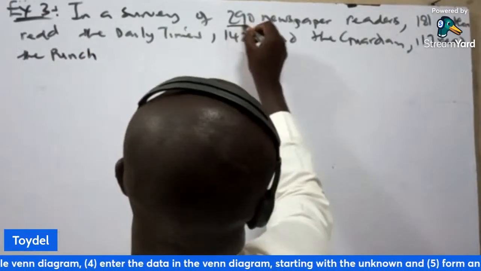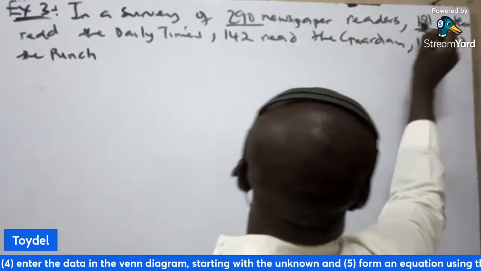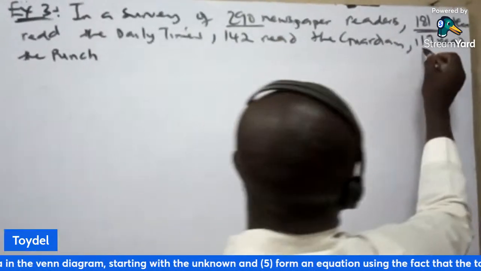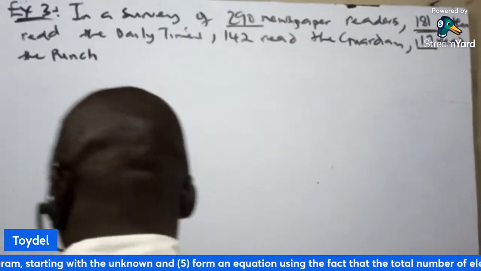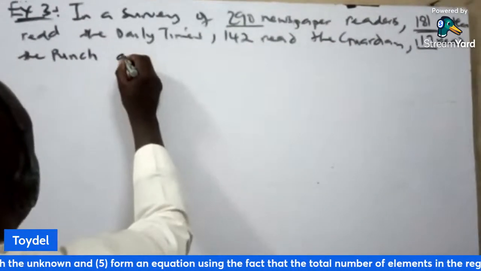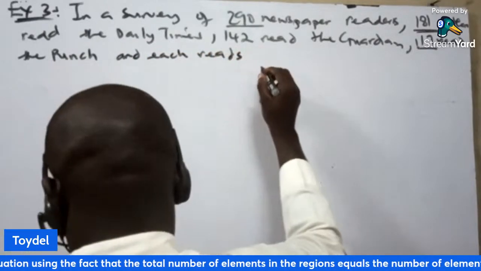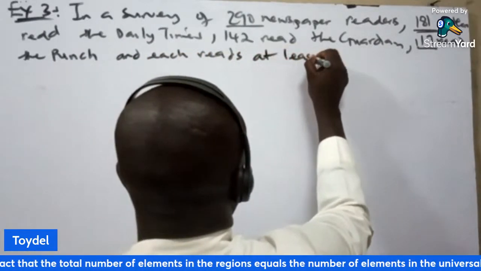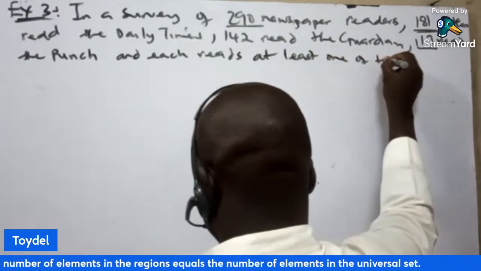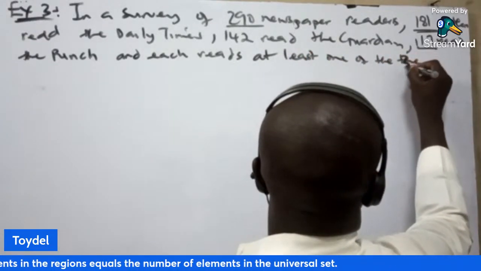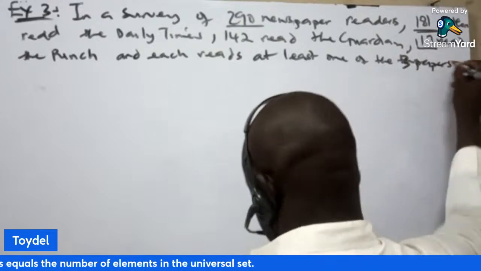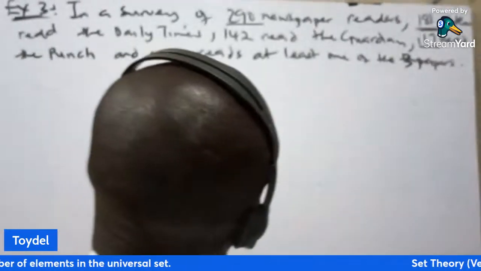So let's underline what we are given in that question so that we'll be able to interpret it correctly. And each reads at least one of the 3 papers.